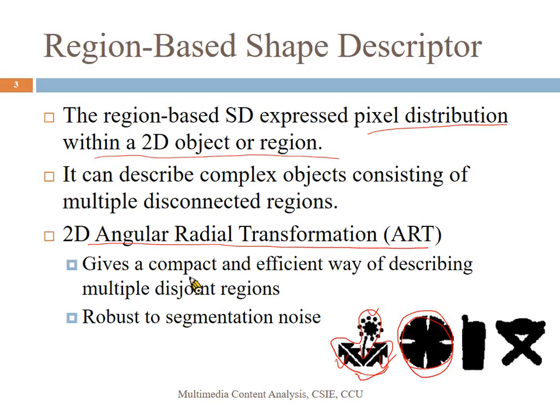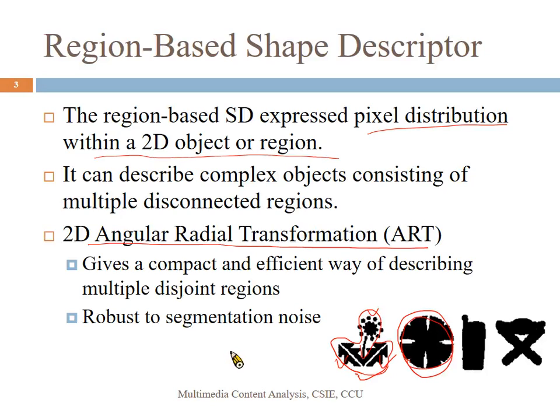The ART feature gives a compact and efficient way of describing multiple disjoint regions, and it is robust to segmentation noise. If you are interested in the details of the ART, which is a type of transformation, please refer to the relevant reference.